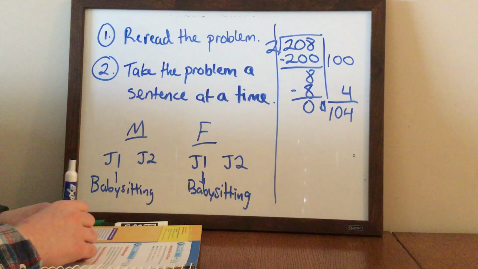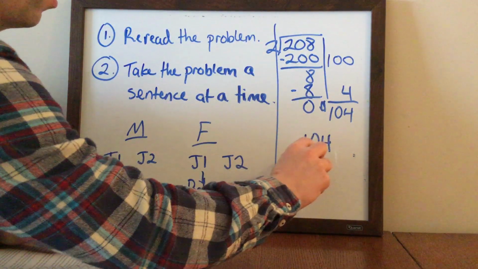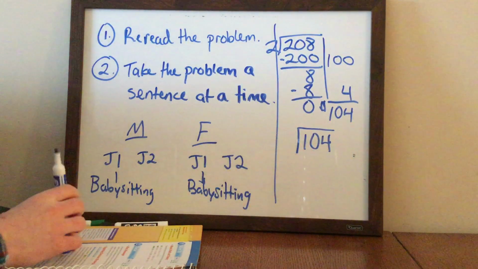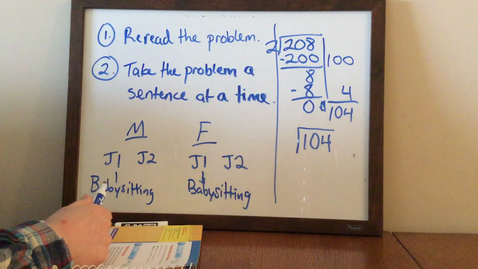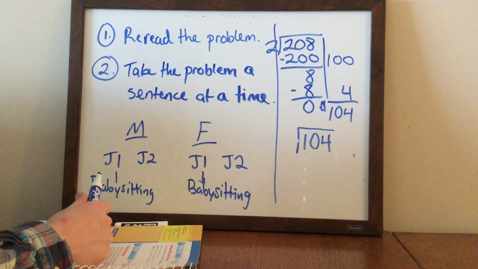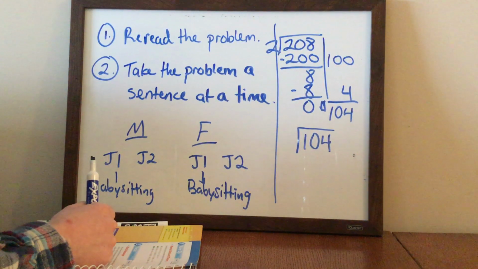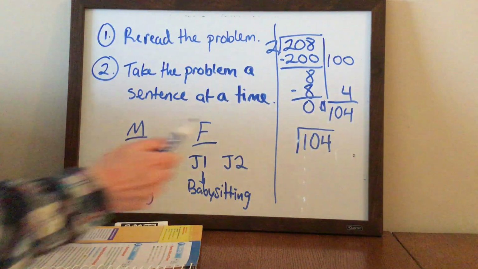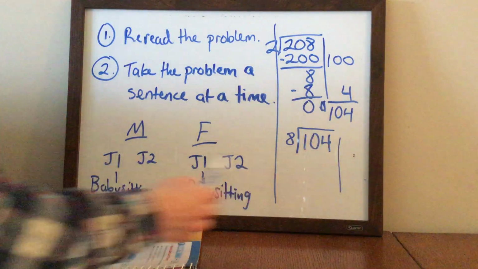So what that means is we're going to take that $104 per week and reread the problem, see how many hours they are working per week. If you look at that problem, the second sentence says a job babysitting is for 8 hours a week. So if that's how much per week, we're going to divide it by 8.